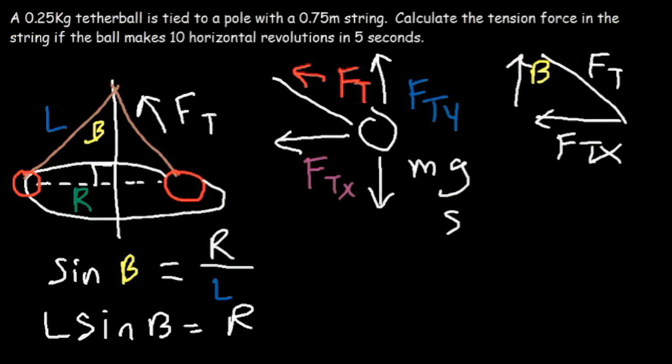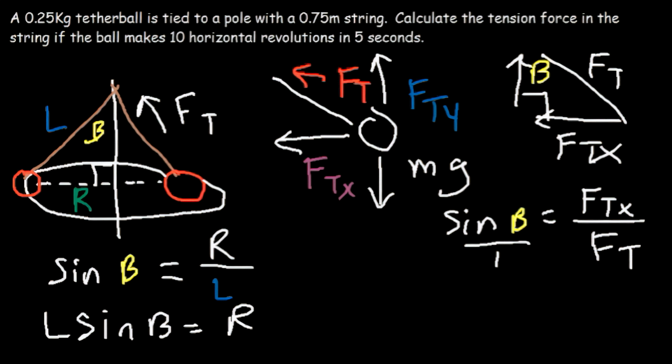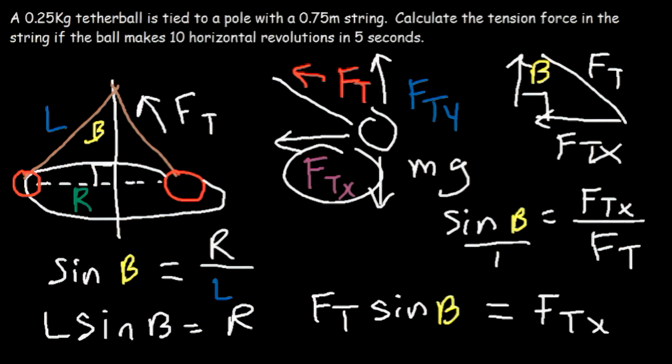So sine beta is equal to the opposite side, which is Ftx, divided by the hypotenuse, which is Ft. So if we multiply both sides by Ft, we can see that Ft sine beta is equal to Ftx. Now Ftx points towards the center of the circle.